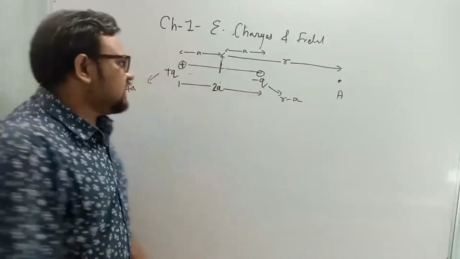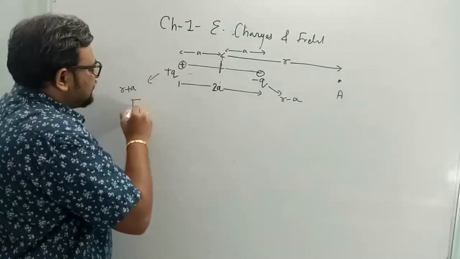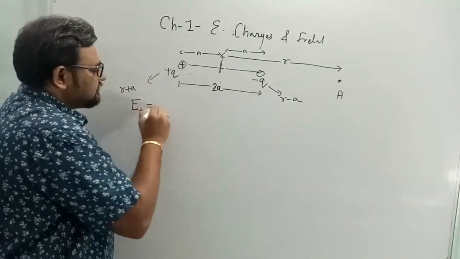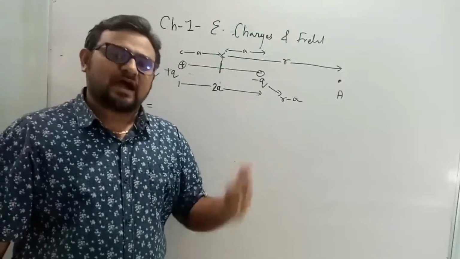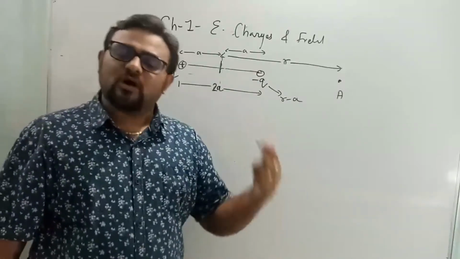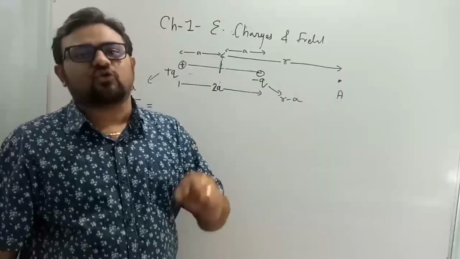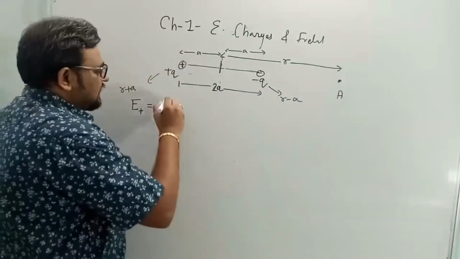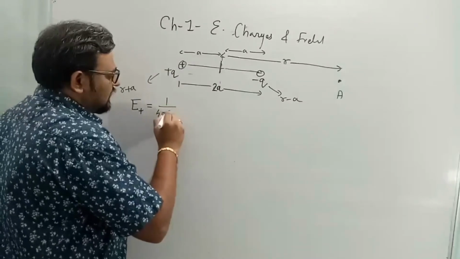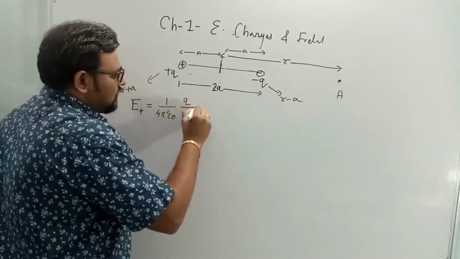So now let's find out the electric field. What is the electric field due to positive charge? Our formula was kq by r square, or 1 by 4 pi epsilon 0 q by r square.